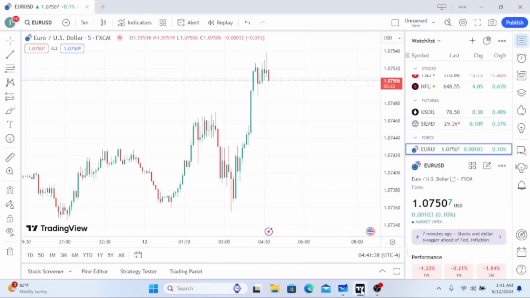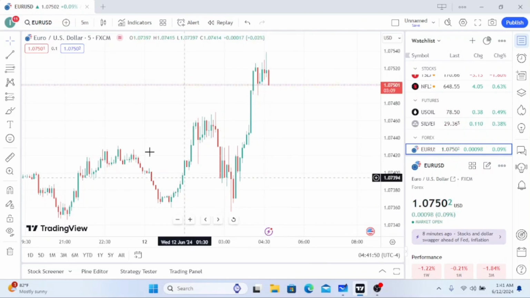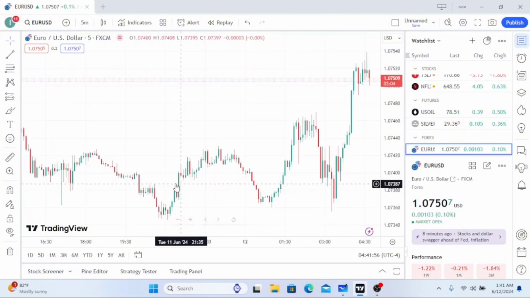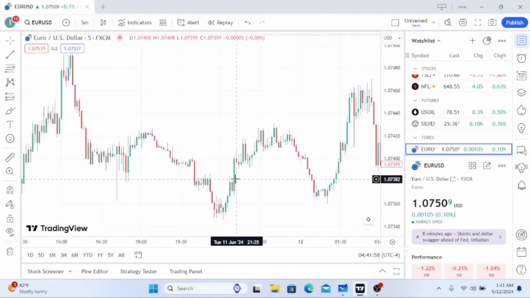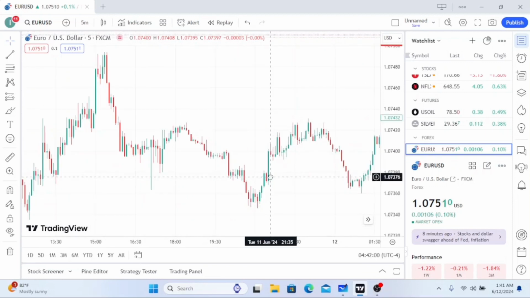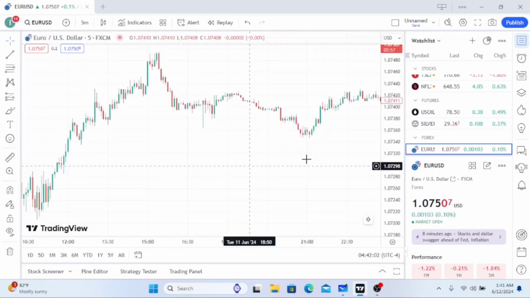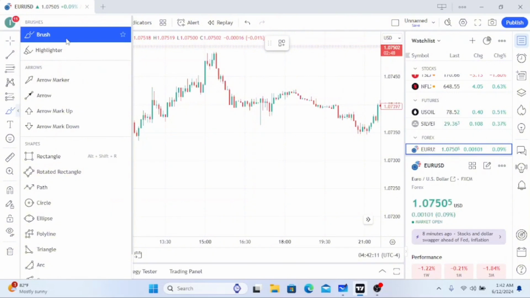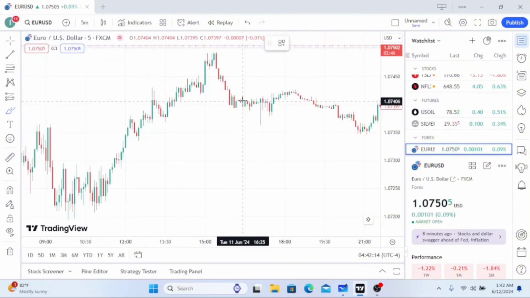We will be using EUSD to make this illustration, Euro USD. So let's look for a bullish engulfing candle. Right here.